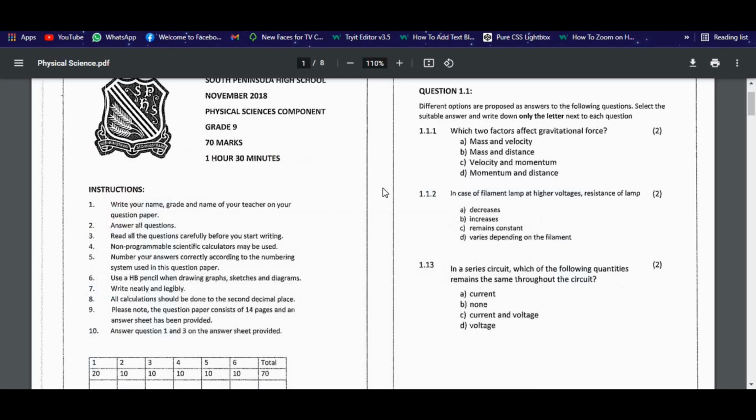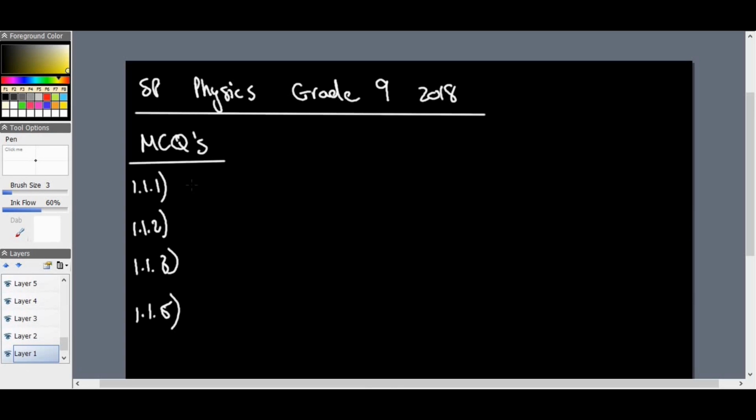Now it cannot be mass and velocity, because there's no velocity in our formula. Therefore, by process of elimination, it is option B, mass and distance. The reason being is that the closer the objects are together, the stronger the gravitational pull, which means the stronger the gravitational force will therefore be. So it is mass and distance, which is option B.